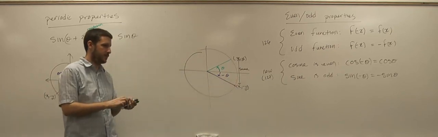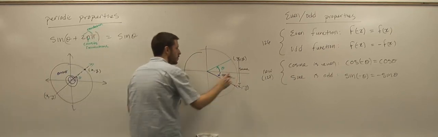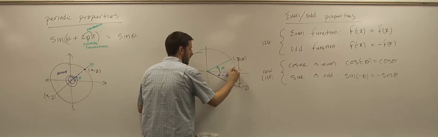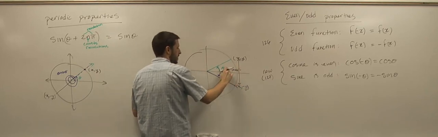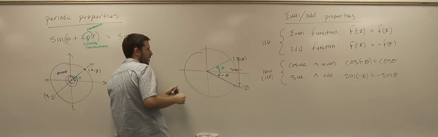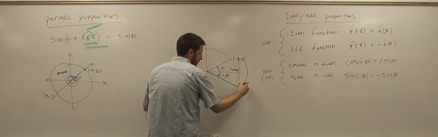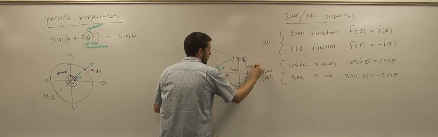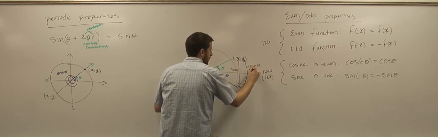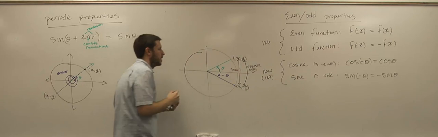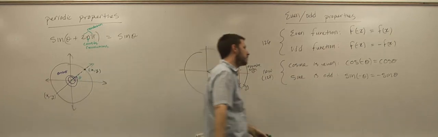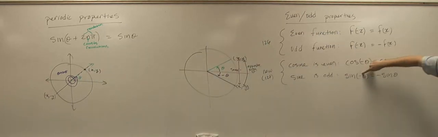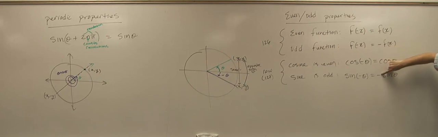Sine makes a big deal out of it. If you go from theta to negative theta, the y value flips. Right, opposite sign. So that's why if you put a negative angle into sine, you get the opposite sine answer. Sign, opposite sign.